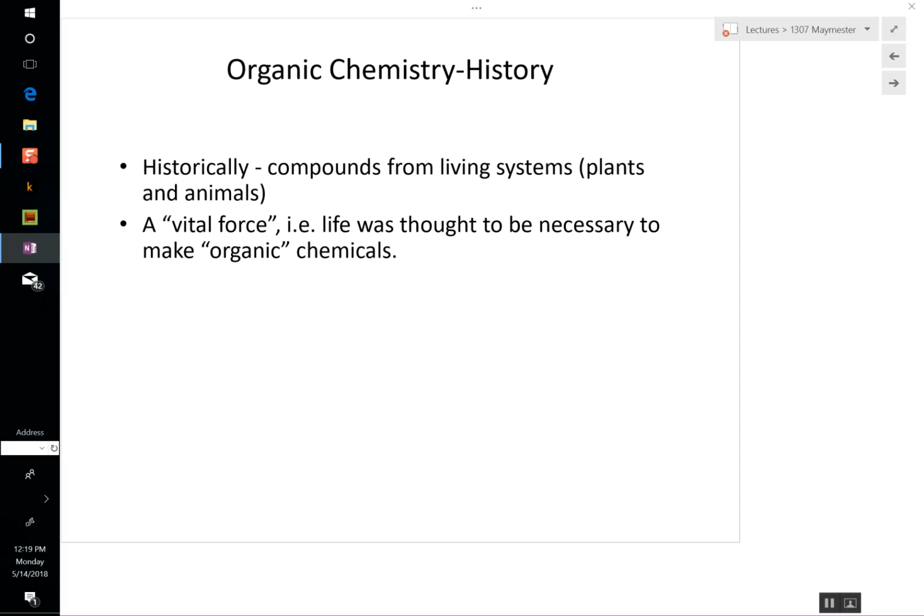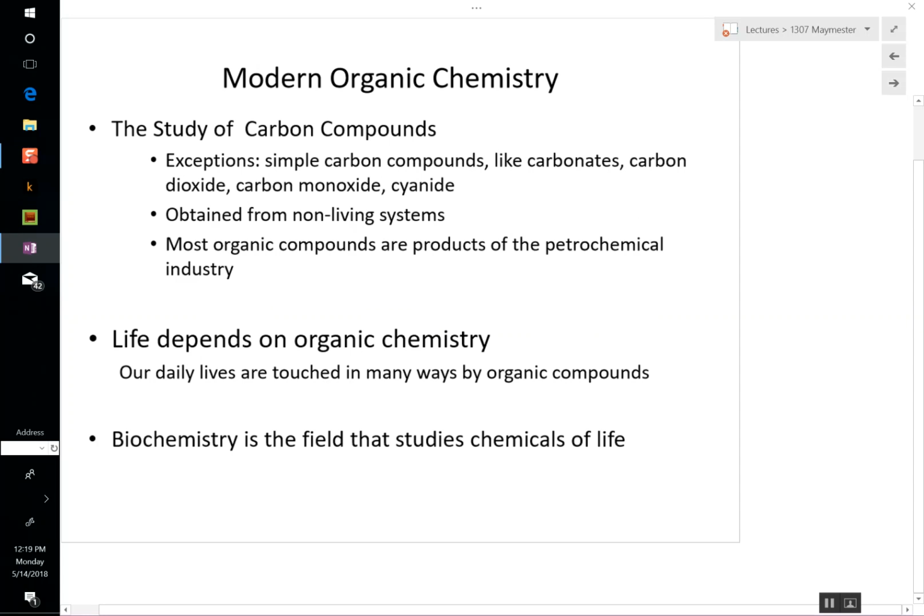And in many cases, for example, aspirin is related to salicylic acid. That comes from nature, but we've modified it a little bit. So it's now synthetic. And actually, the synthetic chemicals have many more side effects than the stuff that comes from nature. So that's the history behind the word.